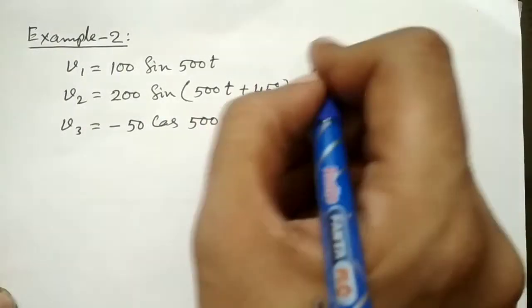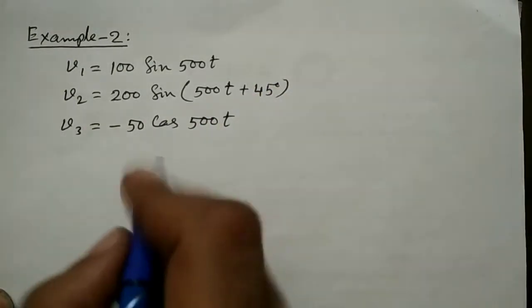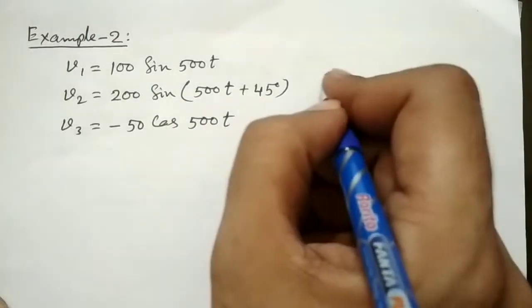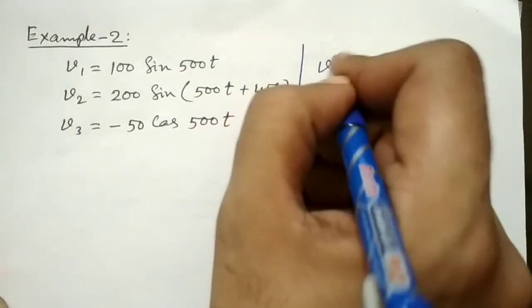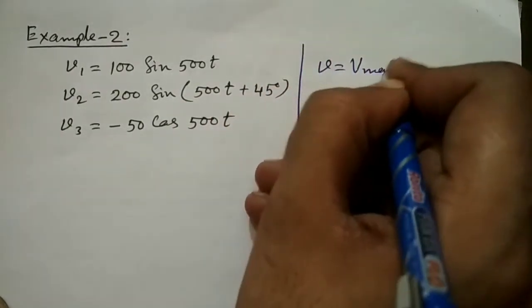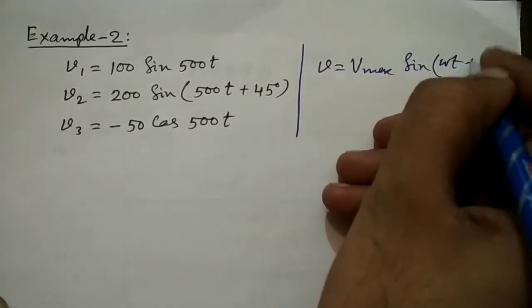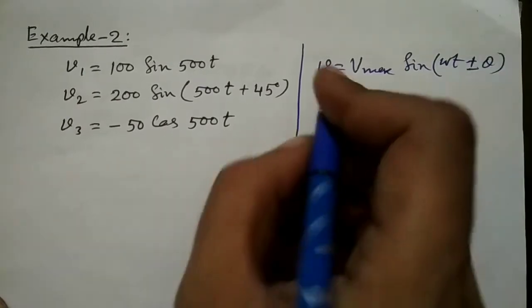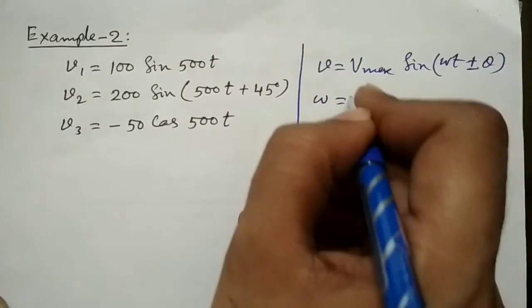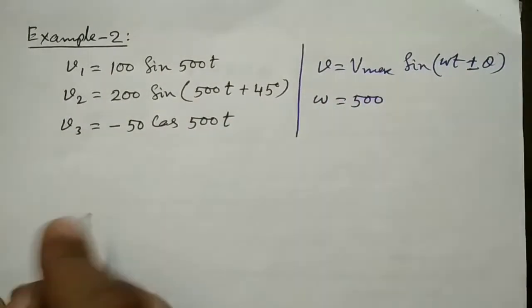So we have to find the resultant of these three voltages in the form of V equal to V max sin (omega t plus minus theta). Here the omega means 500.